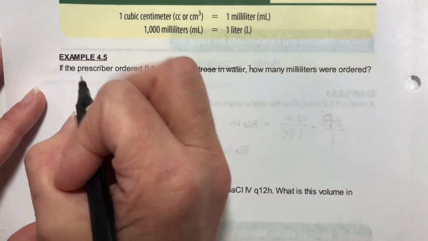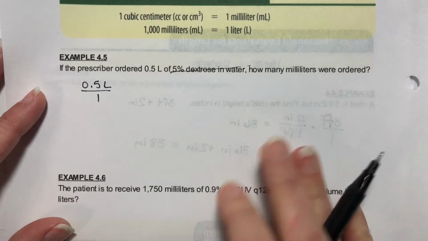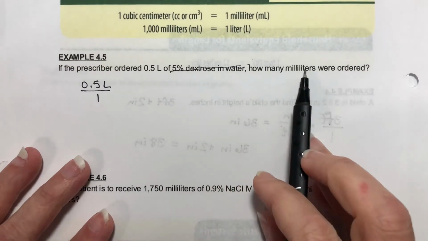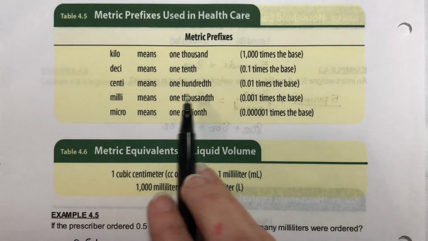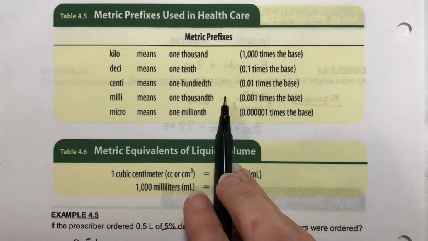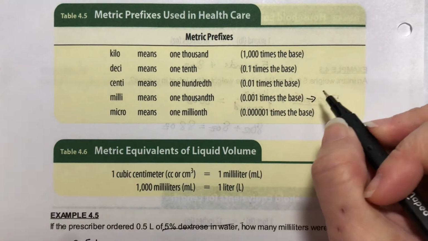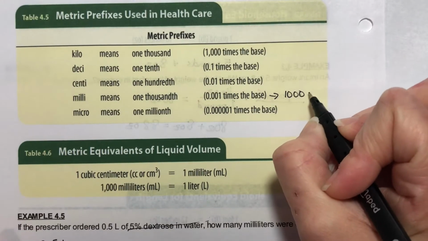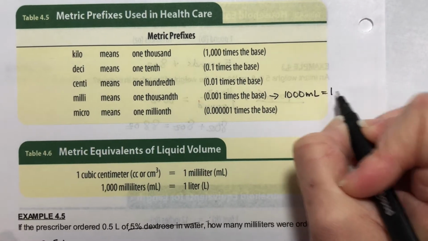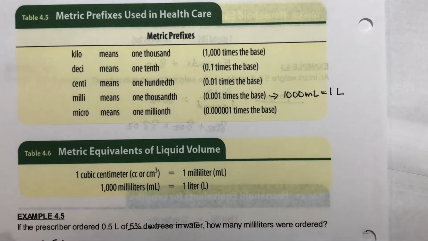Now let's look for the conversion between milliliters and liters. Milli means 1,000th of a liter. Another way of thinking about that is it takes 1,000 milliliters to equal 1 liter. It is 1,000th of that, so it takes 1,000 of them to make it equal.